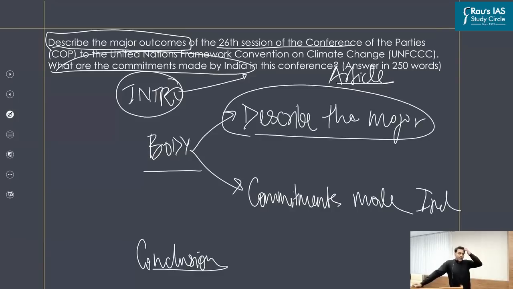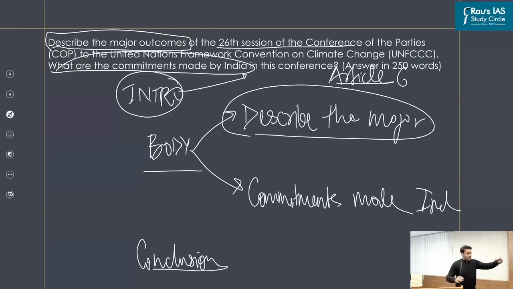And before that, all the conferences were all about finalization of Article 6, which talks about market and non-market mechanisms, right? We have discussed all these things. So either you could have directly described UNFCCC, or you could have talked about the expectations from this particular summit.